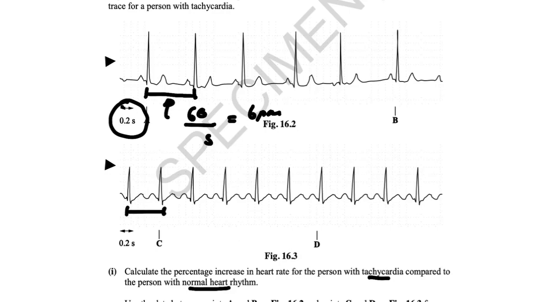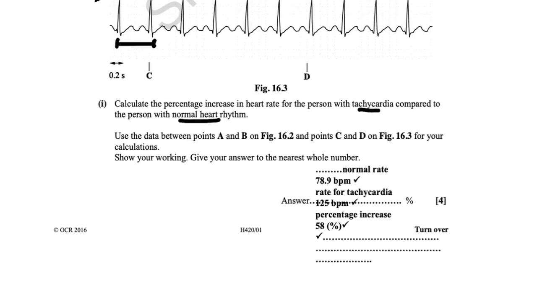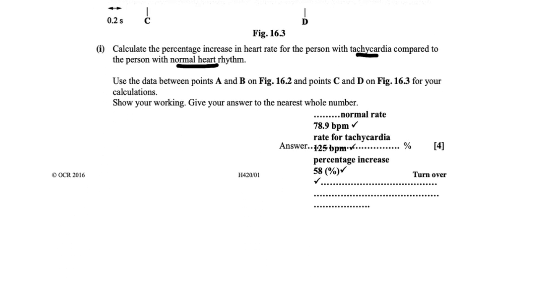What you see when you calculate that is that the normal heart rate is 78.9. Now it says give the answer to the nearest whole number, so you need to round that to 79. The rate for the tachycardia is 125 beats per minute, and then you do 125 minus 79, which is 46, divided by 79, which gives you a percentage increase of 58%.